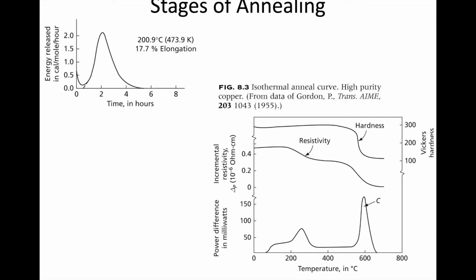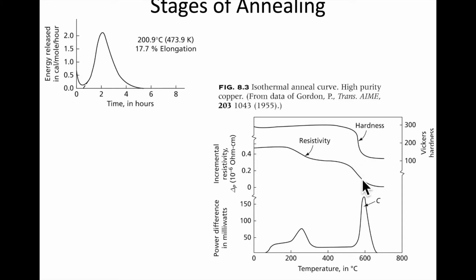So if this were happening to our material, I would expect that this region at around 600 degrees was recrystallization, the formation of new grains from highly distorted grains, right? So we have a huge release of energy, hardness decreases, resistivity decreases.